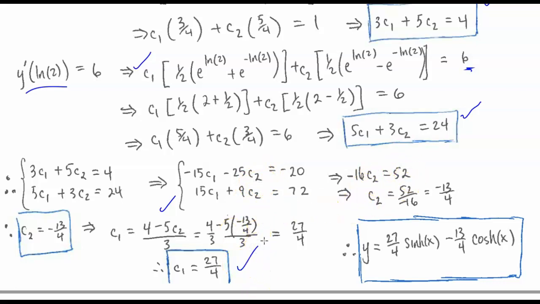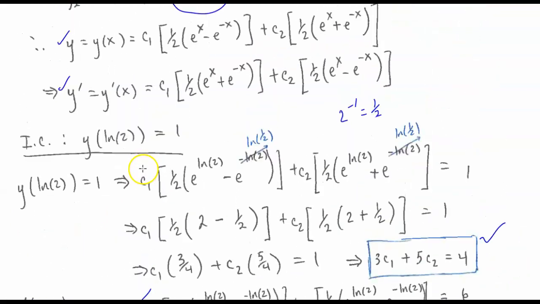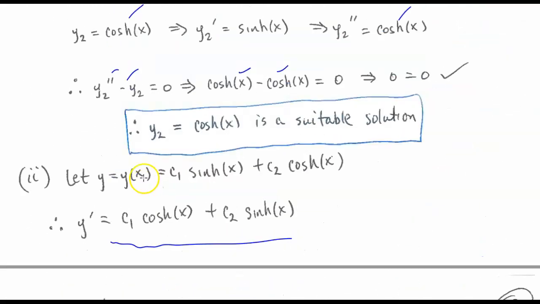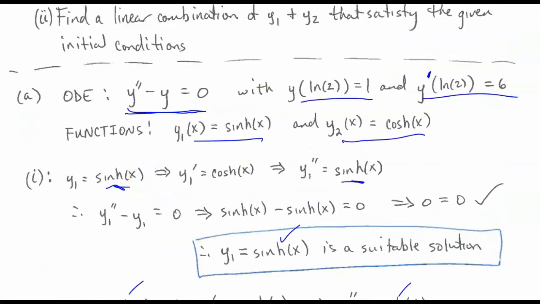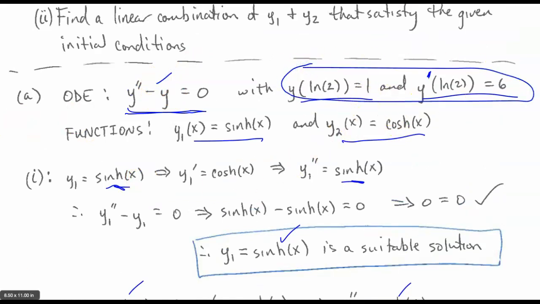And we see that C1 is 27/4, C2 is -13/4. And so this will be our unique solution to the differential equation that we started to work on, which was this one, under these specific initial conditions.